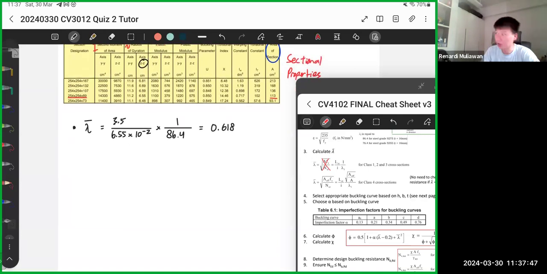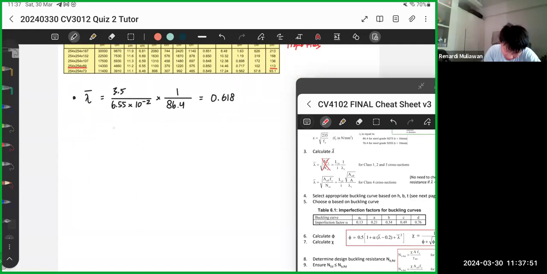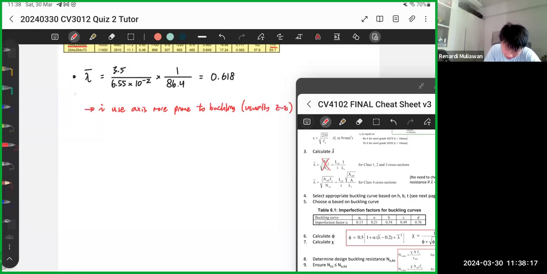Now before I continue, I'll explain first when to use iz and iy. So usually I use the axis more prone to buckling. Usually it's ZZ, but this is not always the case.